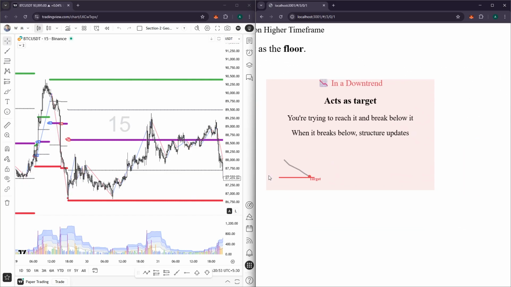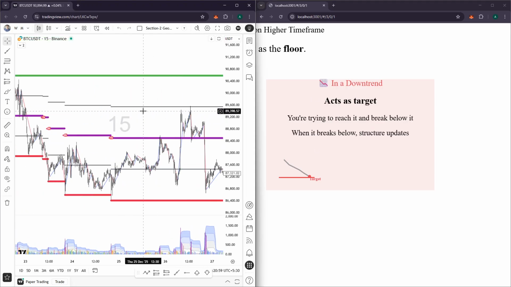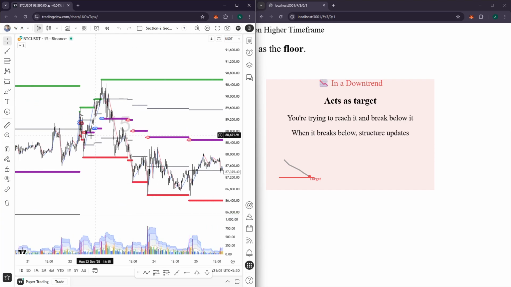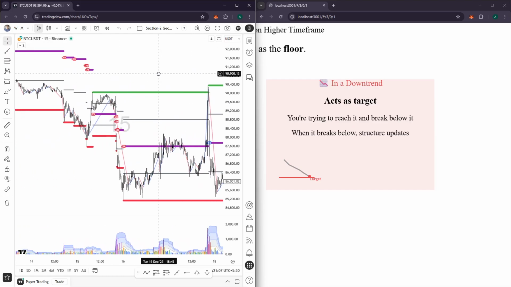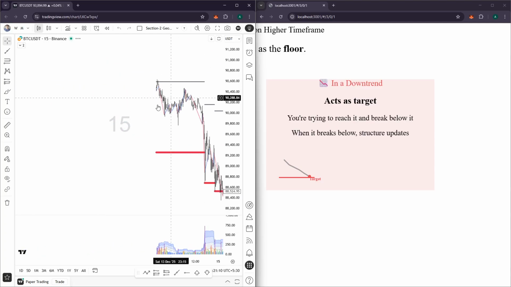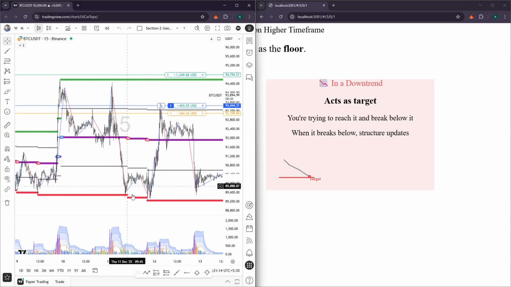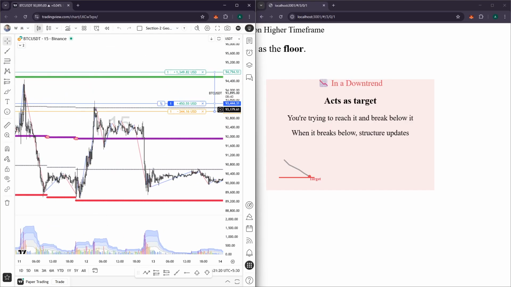Okay, and in a downtrend, this acts as target. So coming here, when it is in a downtrend, let me show you what I mean. See here, as it is coming down, you see -5%, -6%, the range, and the 75% retracement here.